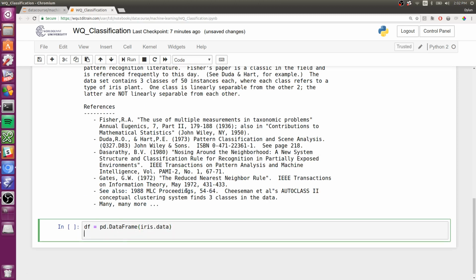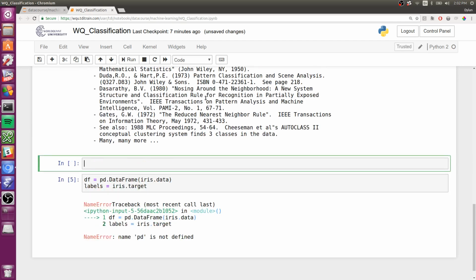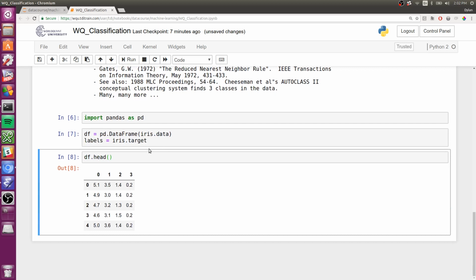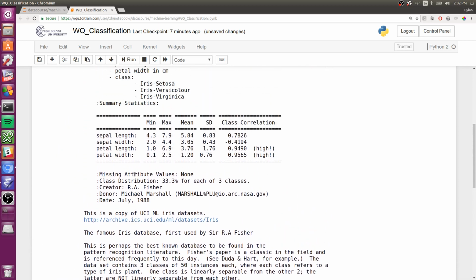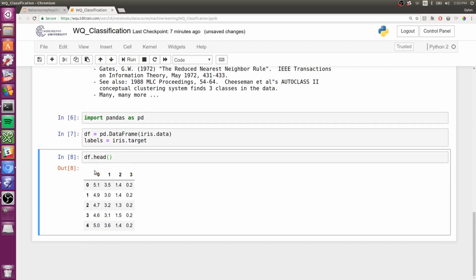Nonetheless, I haven't imported pandas. We'll need that. So here's the data set. I don't have any labels here for the different features, but that's okay. I don't particularly care, actually, what these things mean anyway.